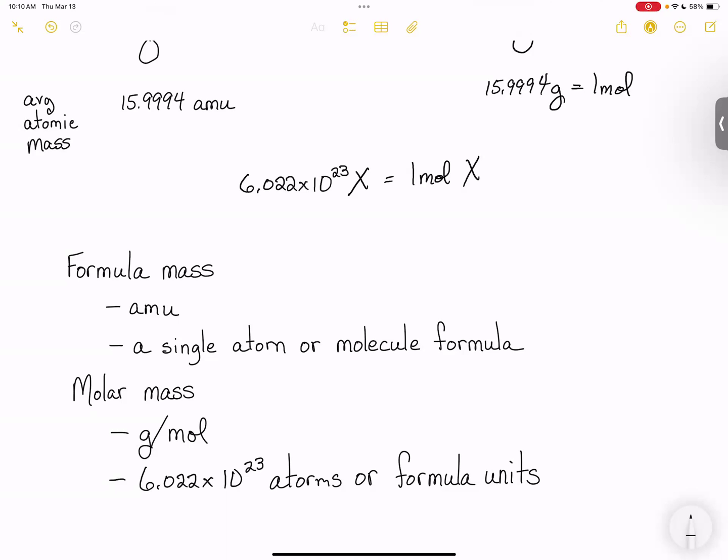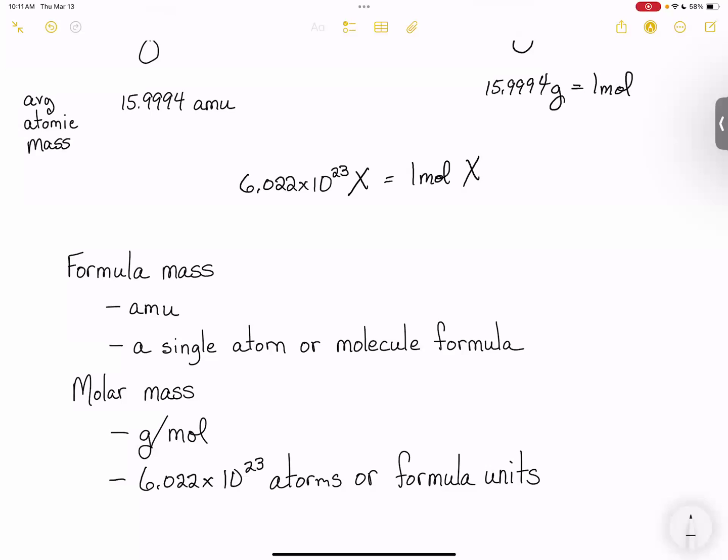If I talk about 6.022 times 10 to the 23rd peas, every planet and a couple of Saturn's moons are going to be covered in a layer of peas. 6.022 times 10 to the 23rd is a huge number.